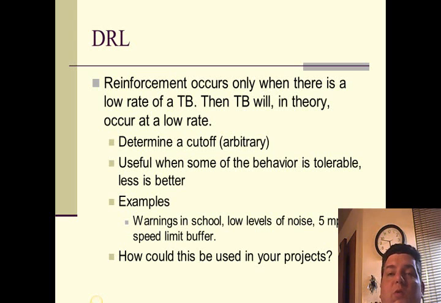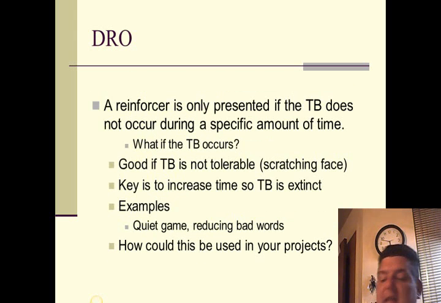You have speed zones where low rates are encouraged in those areas. Be thinking about how you could use this in your projects. What you'll see is that it's easier to slowly decrease the amount of a behavior, and DRL is going to allow that to happen.